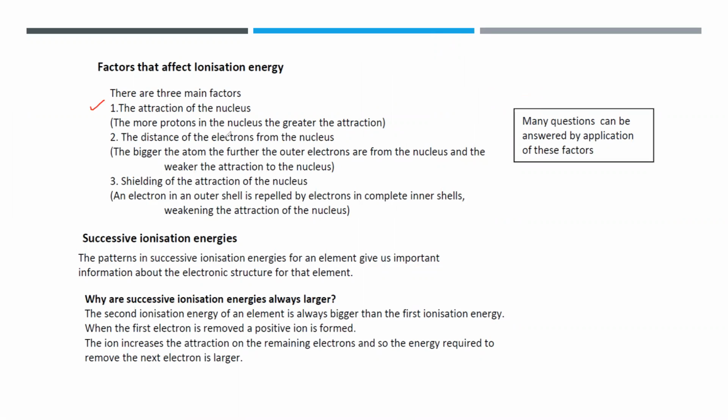The second factor is the distance of the electron from the nucleus. As the number of shells increases, the distance between the electron and the nucleus increases as well, so ionization energy will decrease.